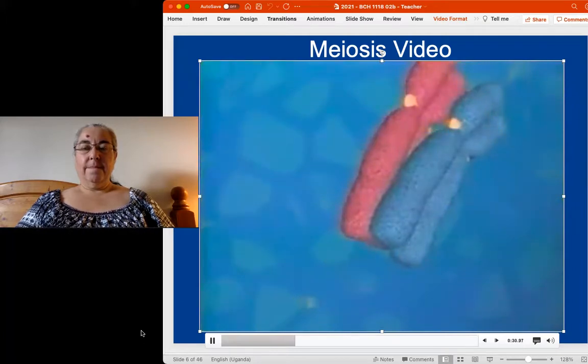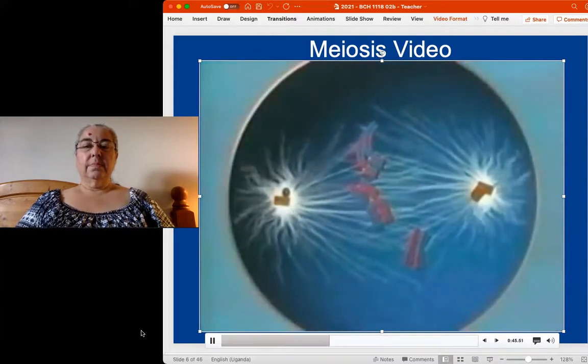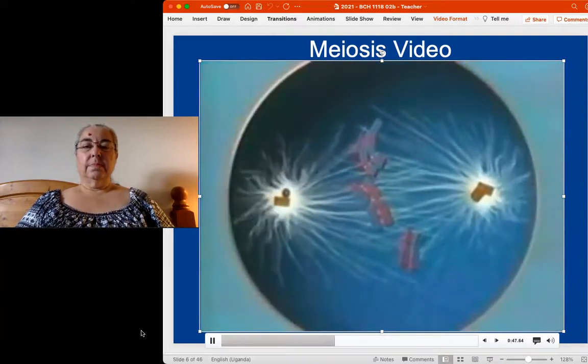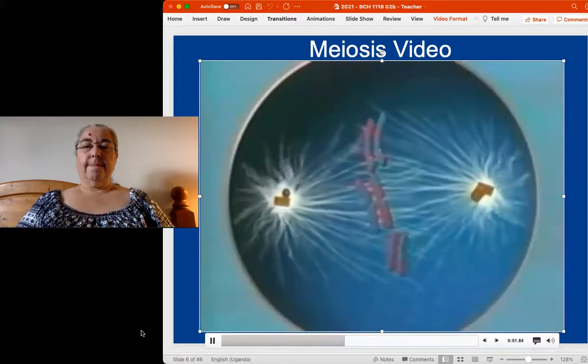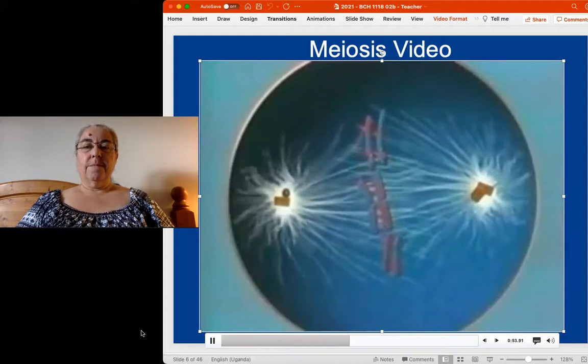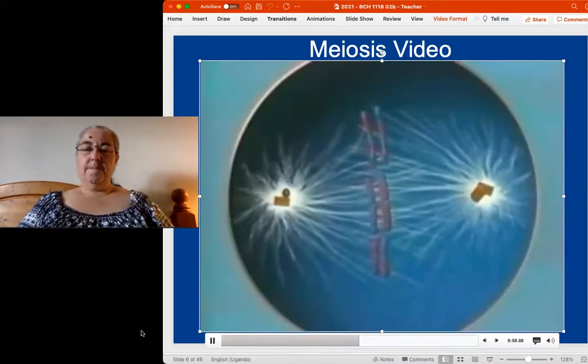The two homologs trade genes in a process called crossing over. This forms new hybrid chromosomes. The spindles then place maternal and paternal chromosomes randomly on each side of midline. It is another shuffle that can lead to a host of different genetic outcomes.